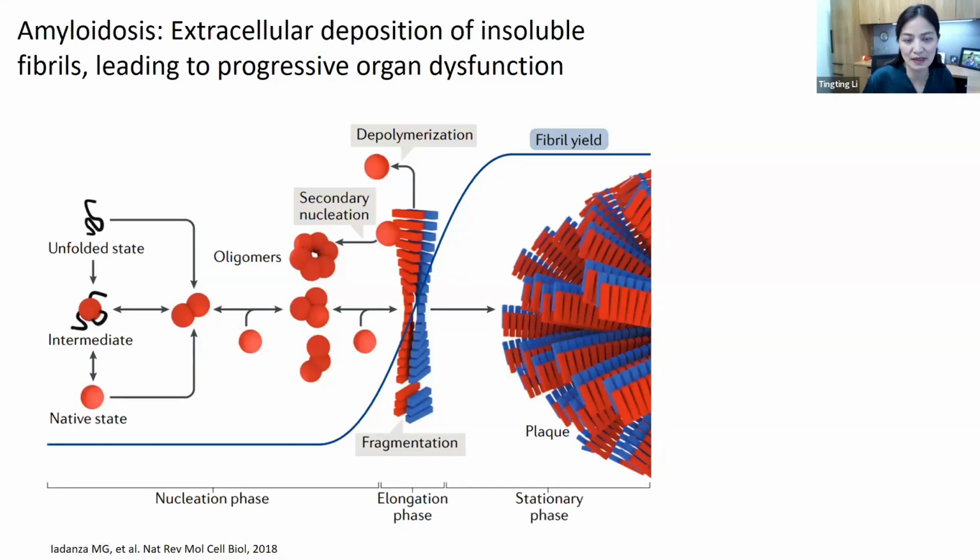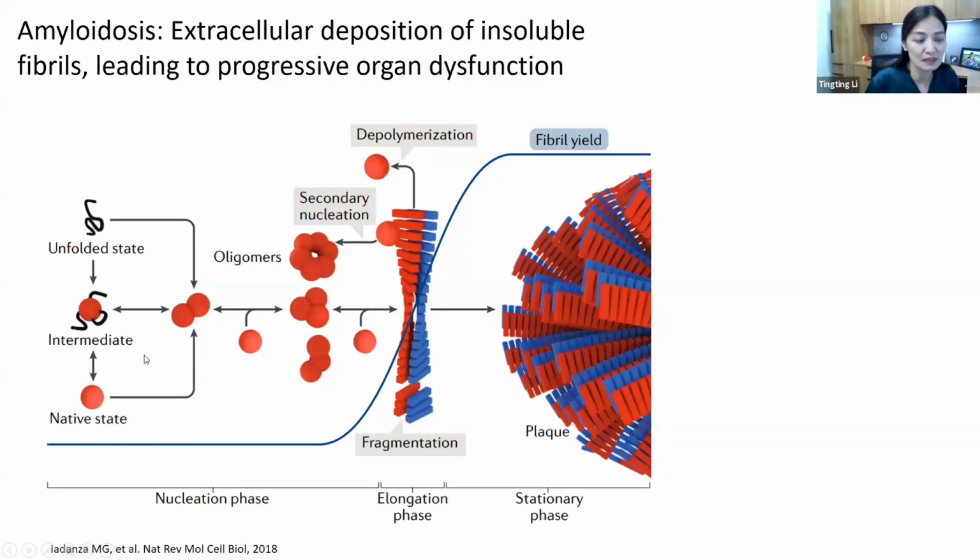The assumption is that there must be some type of cellular or molecular distress that's causing this. Now, this is a simple schematic illustrating how amyloid fibrils are formed. The amyloid precursor proteins can exist in their native states, intermediate or partially unfolded states, or unfolded states. These states are in equilibrium with each other.